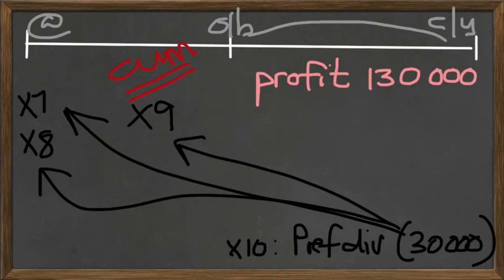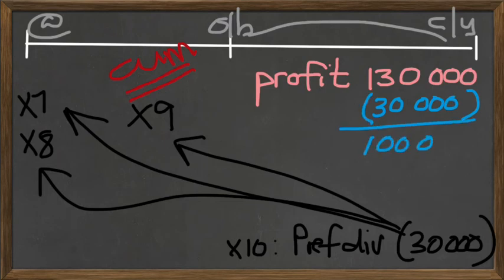So, keeping that in mind, of that 130,000 Rand, how much is attributable to the preference shares? Will you take out the full 30,000 Rand and say what's left is attributable to the ordinary shareholders? Or what do you think?